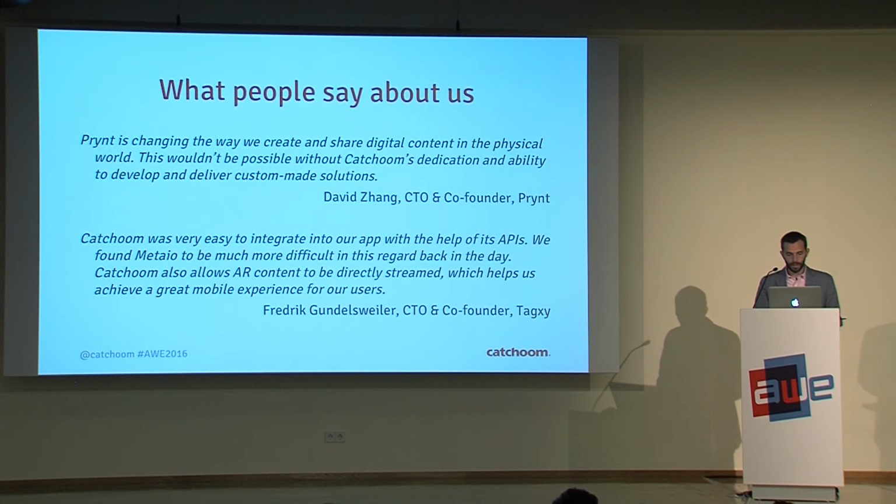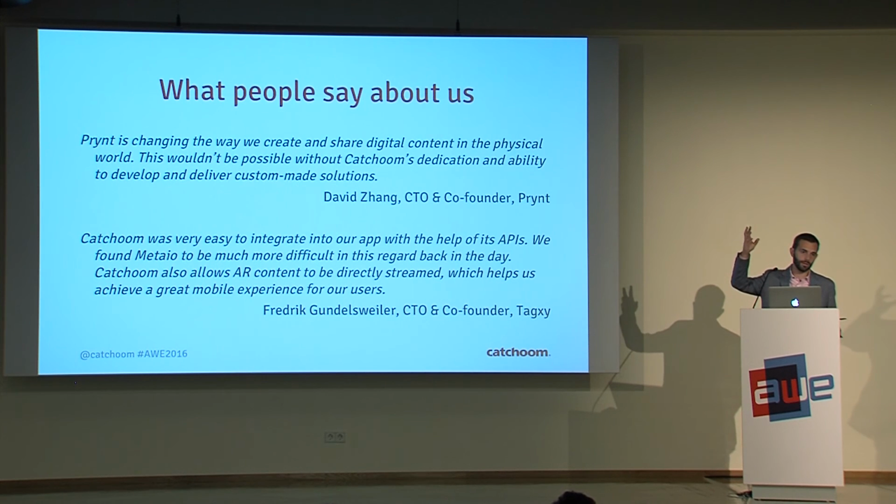So we worked with them, and right now we're proudly powering their application, where if you have seen it, you can print out a picture and scan it, and see a video that you can also record while taking that picture. All of this is using the management API, the image recognition for the cloud. So whenever you share a picture with someone else, that request is done through the cloud.